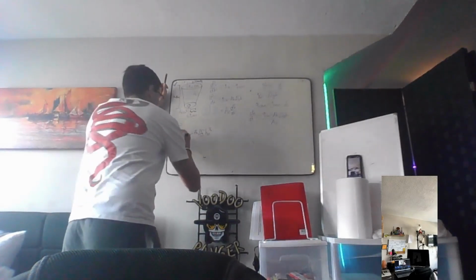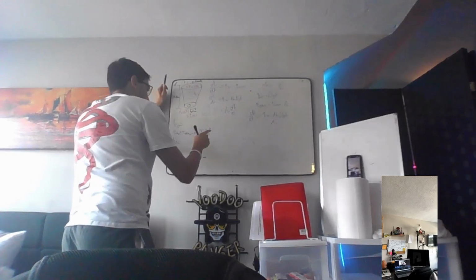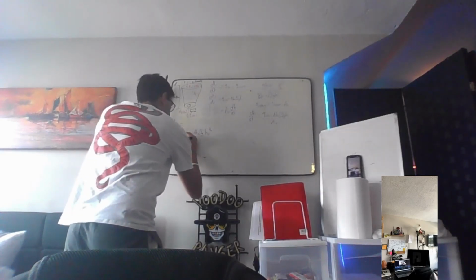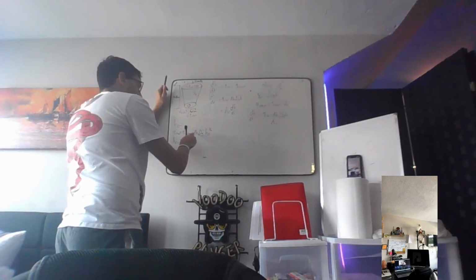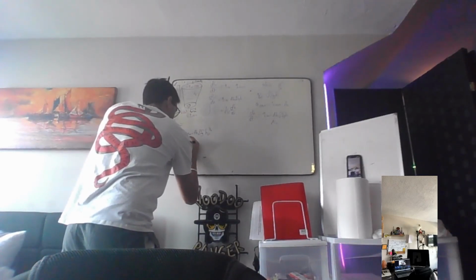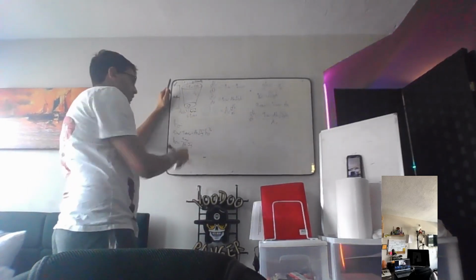So bring this out so that we get H naught is equal to, so then we're going to have Q in naught divided by AH, multiplied by 2G, and then this whole thing's going to be squared.